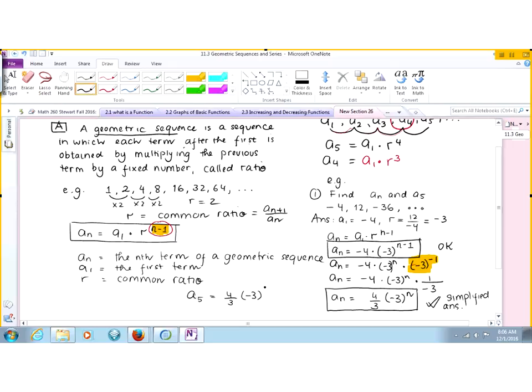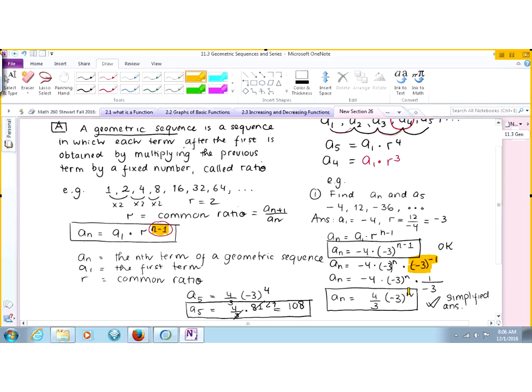Oh, to the 4th, yes. N minus 1, 4. So A5 is equal to 4/3 times, is it 81? Okay, so 4 times 27, 108. All right, so A5 is equal to 108.